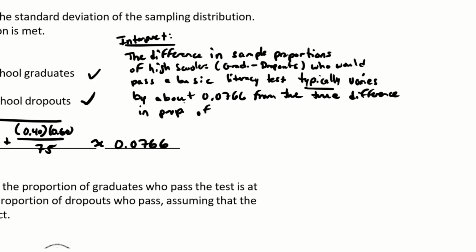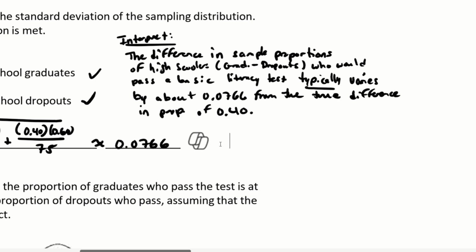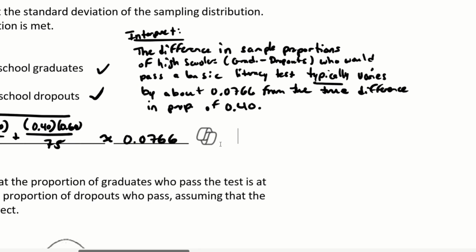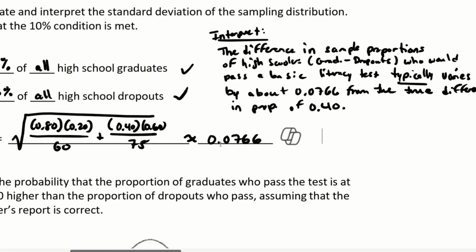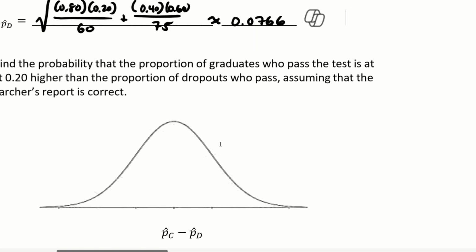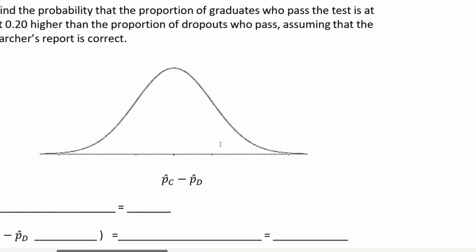Again, we're interpreting it the same way. The only difference is the context in which we're interpreting it. All right, so let's look at part D. Find the probability that the proportion of graduates who pass the test is at most 0.20 higher than the proportion of dropouts.